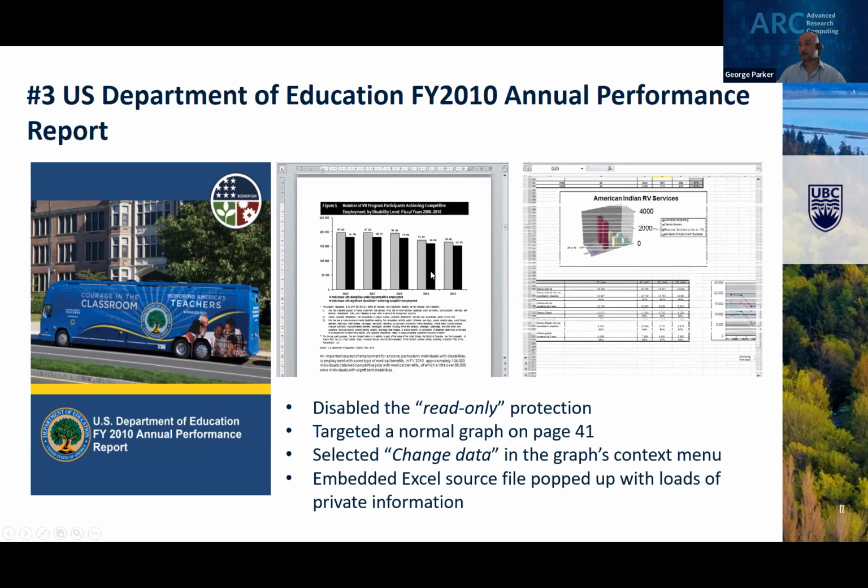All of a sudden, an embedded Excel source file popped up, which showed loads of private information. And certainly the publisher didn't want the public to read all about that, and that raised some concerns of privacy issues. Clearly, there was a breach of privacy.